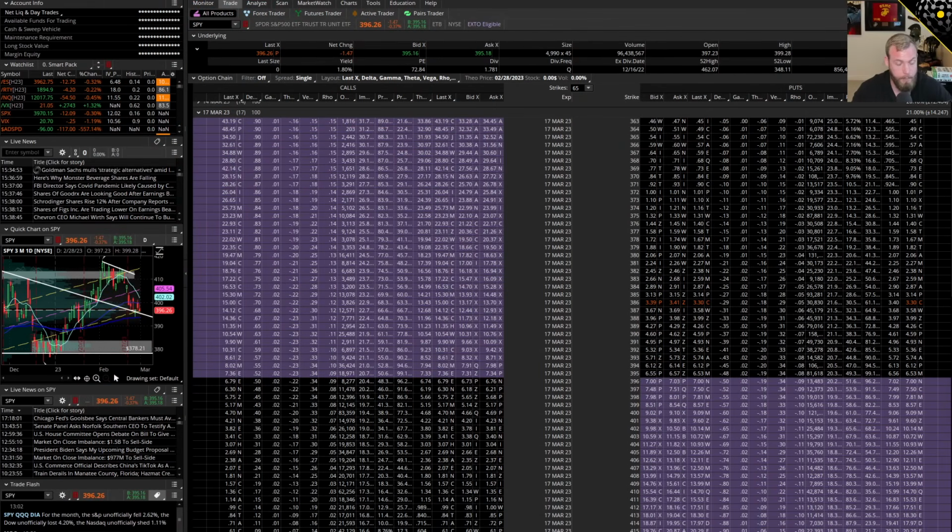You remember way back when I said if an underlying goes up, calls appreciate in value, and if an underlying goes down, calls depreciate in value and puts appreciate in value. That's why these are marked as is. So what then happens if SPY goes down by $1? It means that this put is actually going to gain money, and this call is going to lose money.